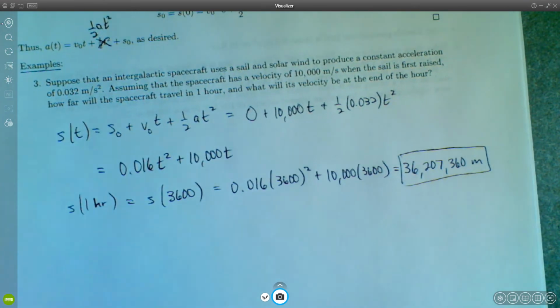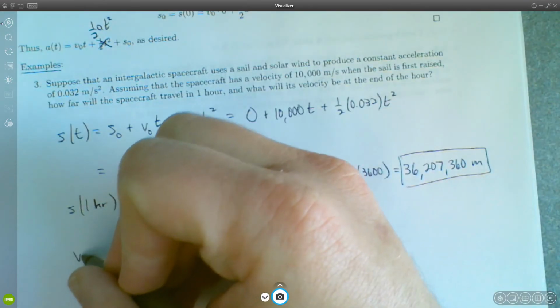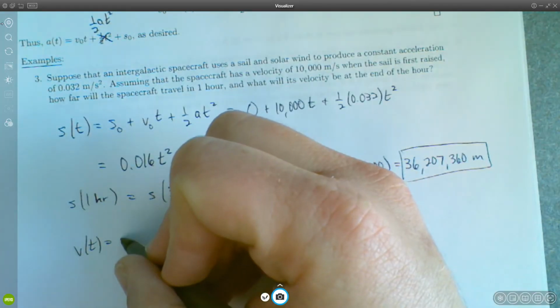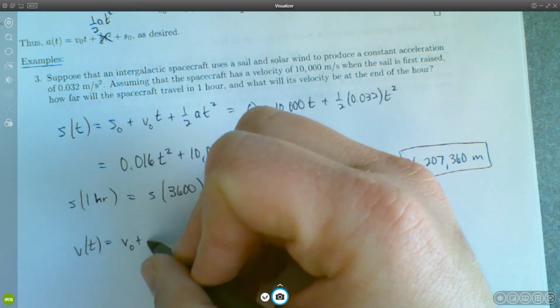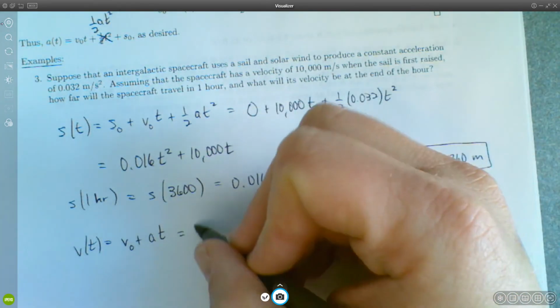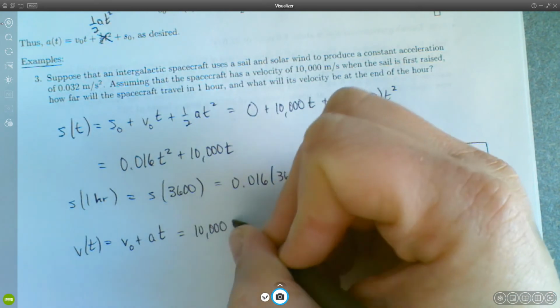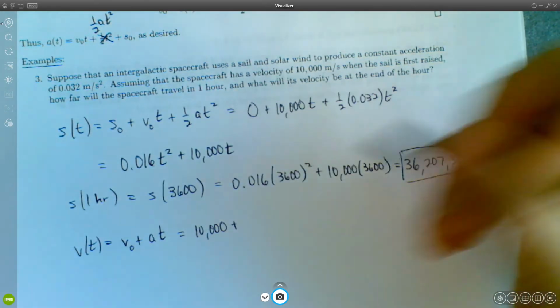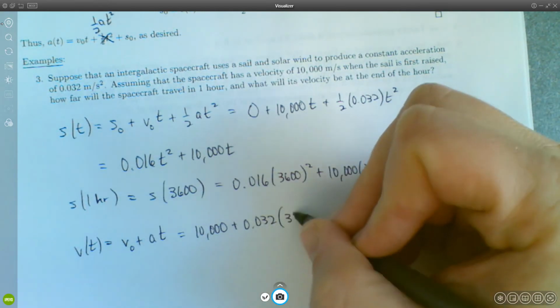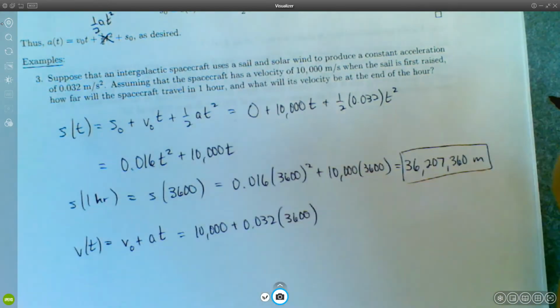So what's its velocity? Well, the velocity is initial velocity plus acceleration times time. That's going to be 10,000 plus acceleration times time, 3,600.